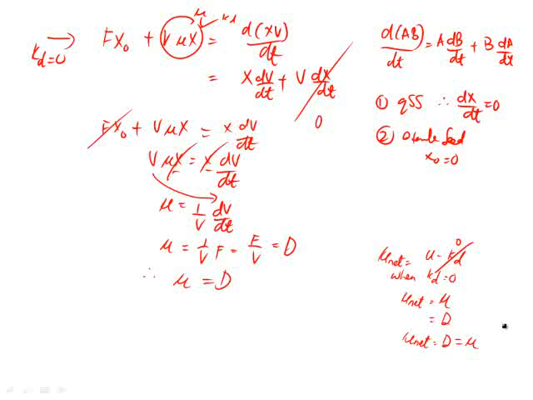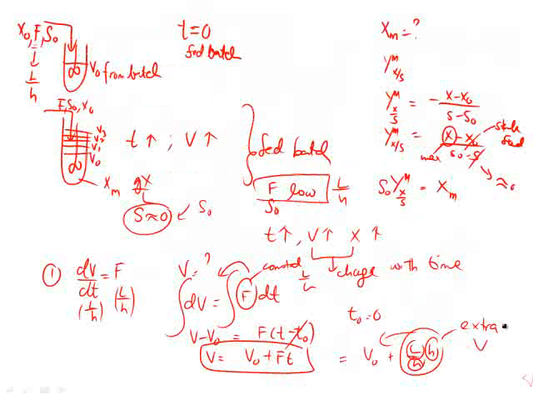Now, the second question asks you to derive mu. The answer is mu is D. Right? Mu is D, D is mu. You are the one who engineered this.